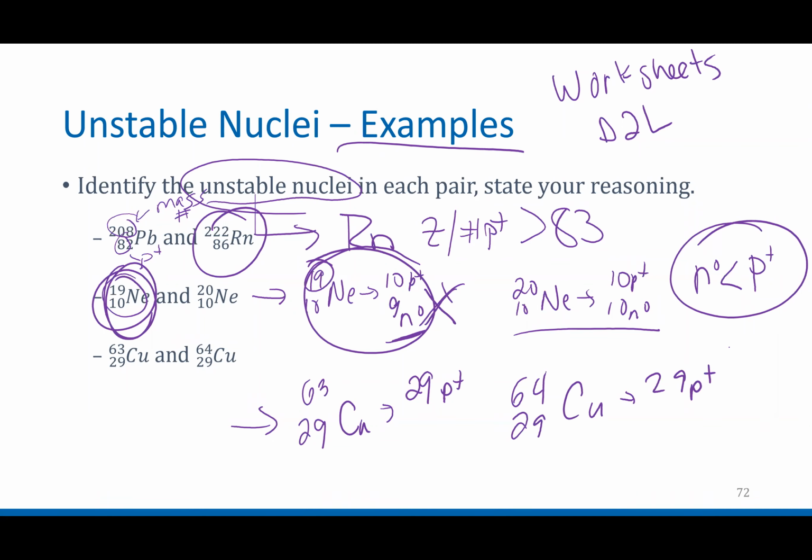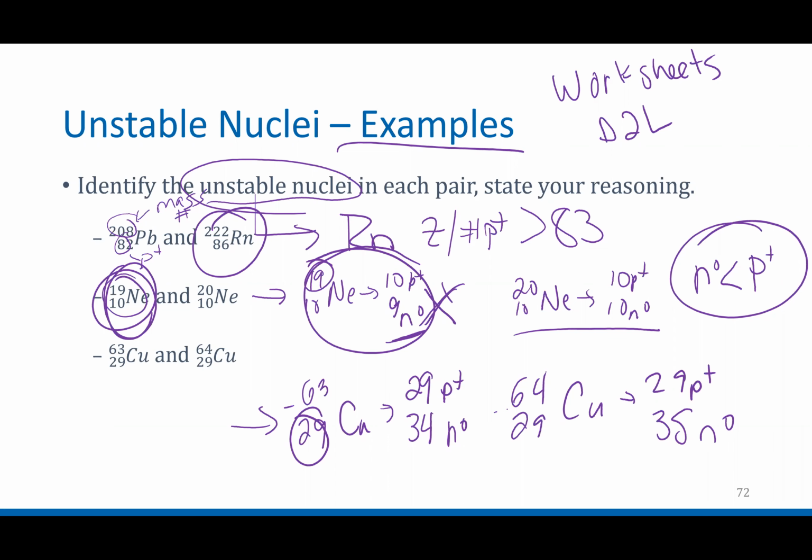That's literally what makes copper copper, is the fact that it has 29 protons. So all I do is subtract these numbers and I figure out that this guy has 34 neutrons, and the copper 64 has 35 neutrons.